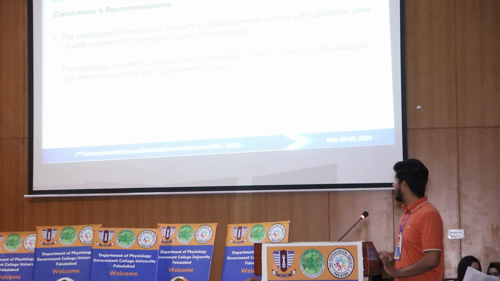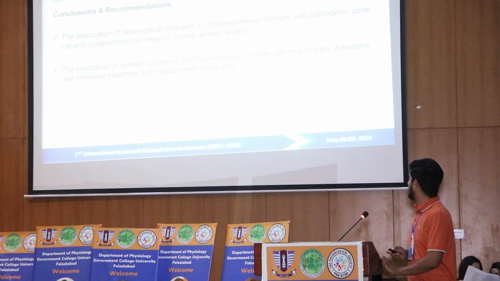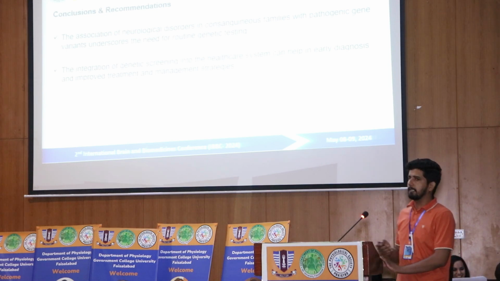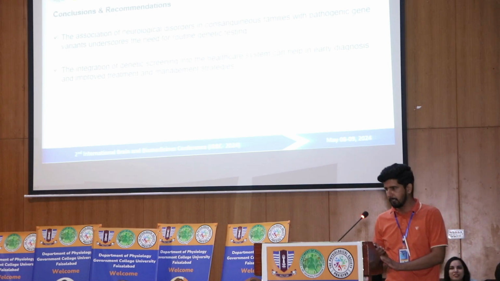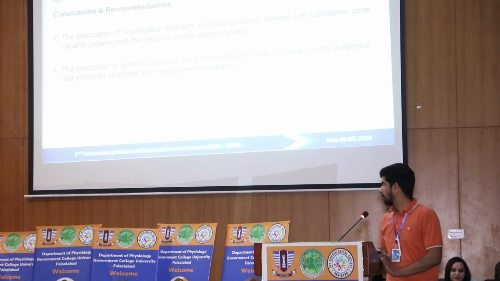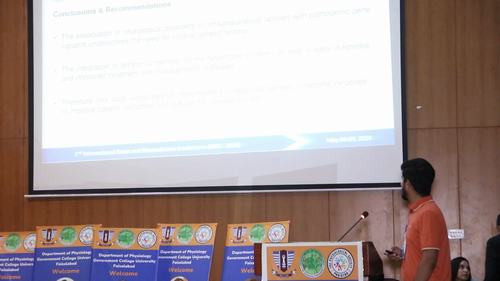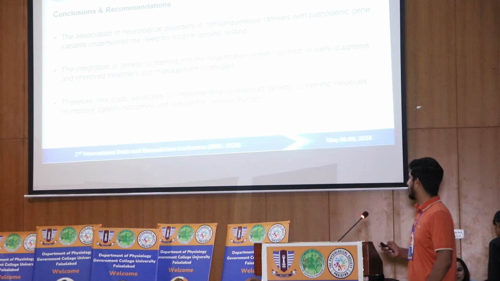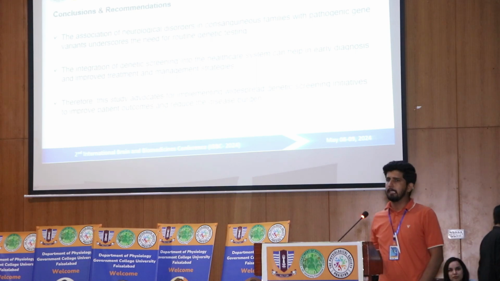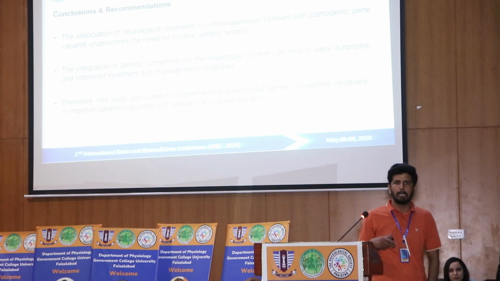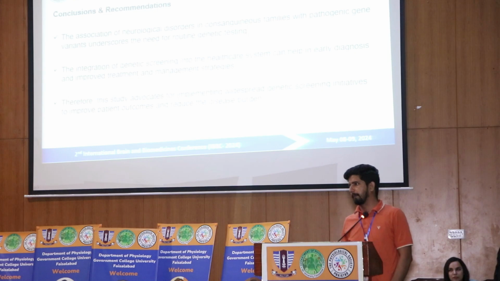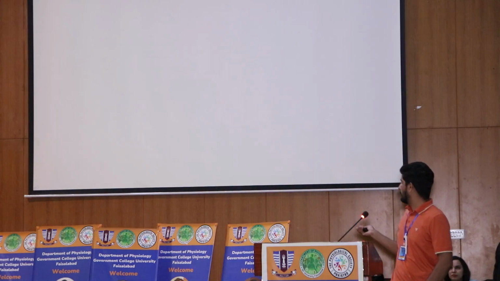The integration of genetic screening into the healthcare system can definitely help in better diagnosis and management strategies. Therefore, this study advocates implementing widespread genetic screening initiatives to improve patient outcomes and reduce the disease burden in consanguineous populations like that of Pakistan. Thank you so much.